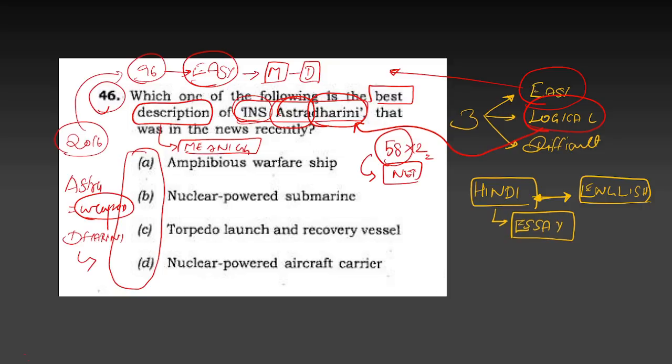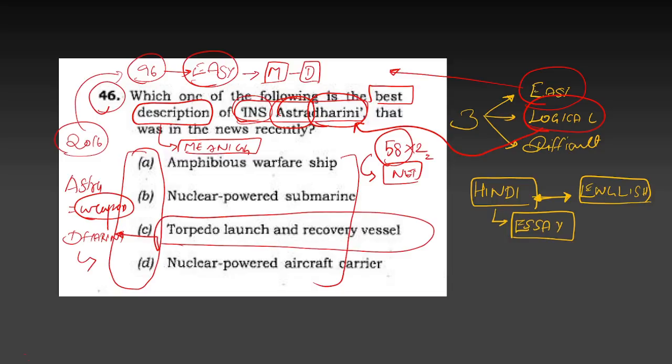Even in Tamil, this will hold. Even in any other language, you can put that answer as well. But in Tamil, I know, Hindi, I know, English, I know. In Tamil also you can say Astra is weapon only. Astra, Dharini, so it's the same. In the four options, my friends, this is the only option which closely resembles this word. Torpedo launch.